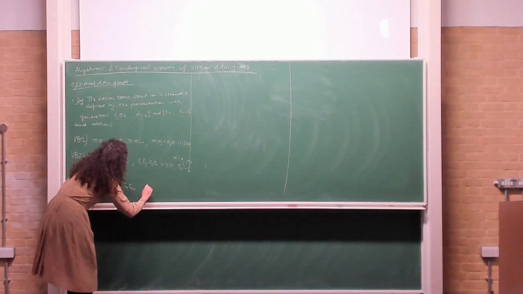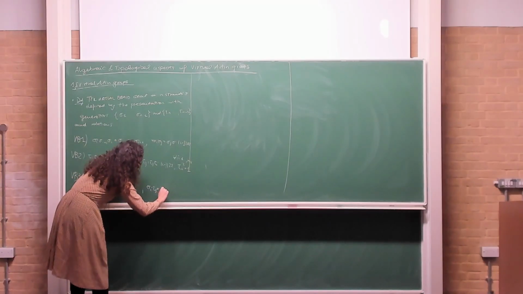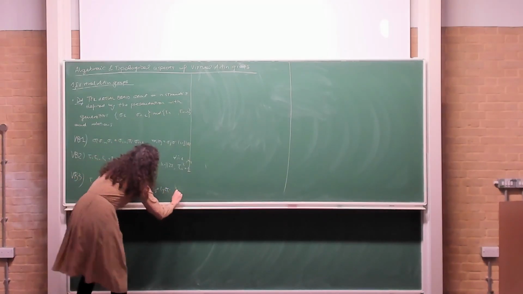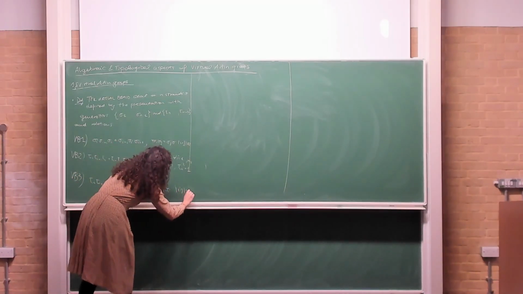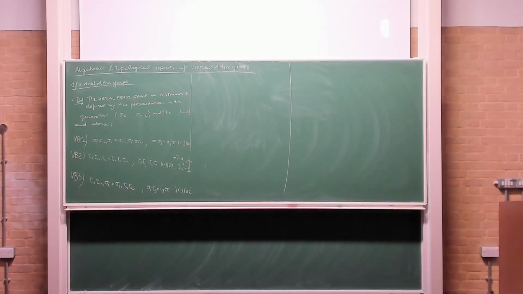Otherwise, the classical generator sigma i and tau j commute if i minus j is greater or equal than 2.